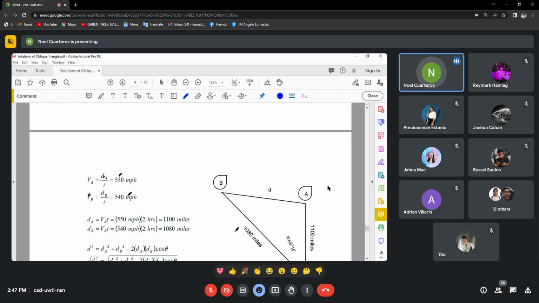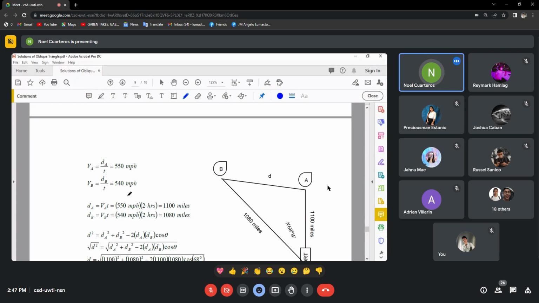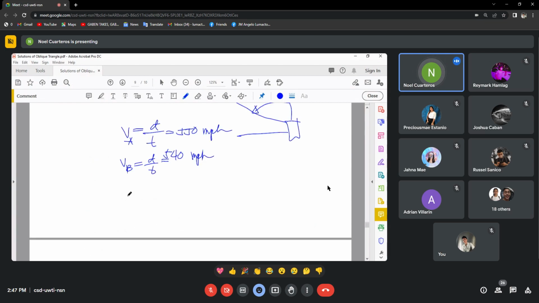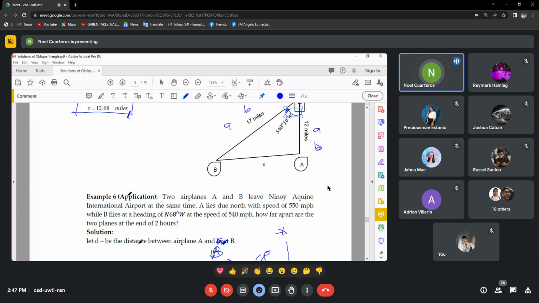So our goal is to determine the distance between the two airplanes at the end of 2 hours.